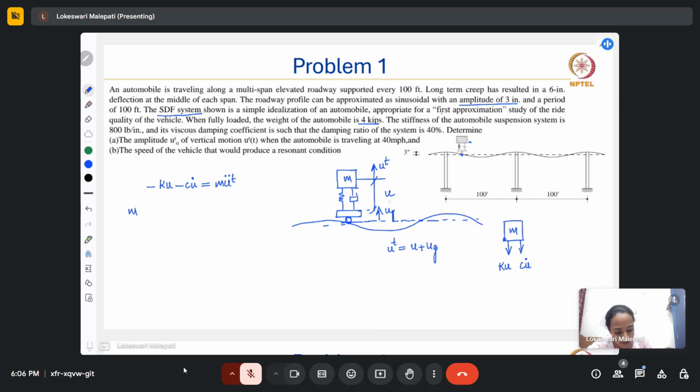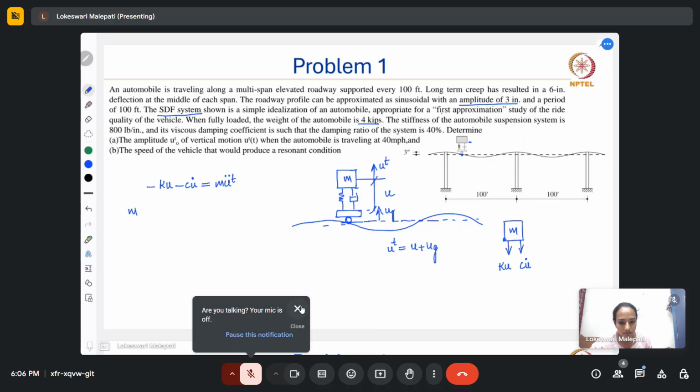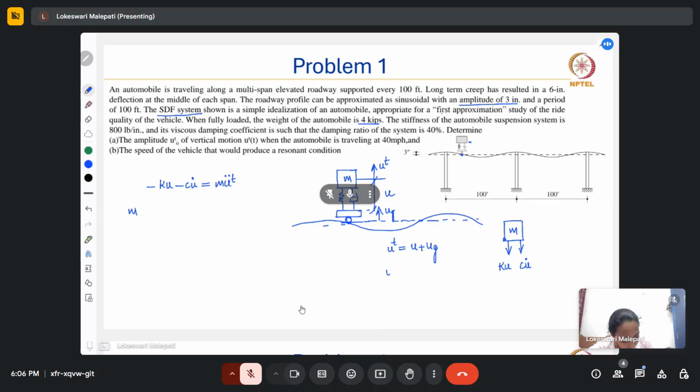That is, total displacement must be equal to displacement of this support plus the relative displacement between the mass and the support. So if we do the double differentiation, we will have ut double dot is equal to u double dot plus ug double dot.